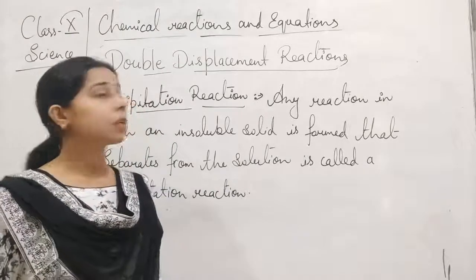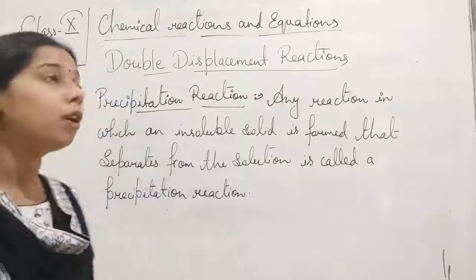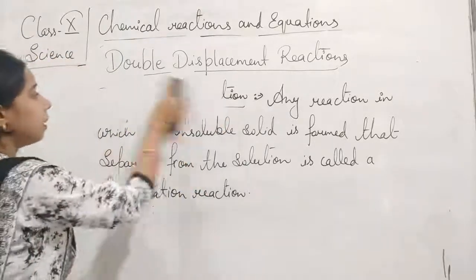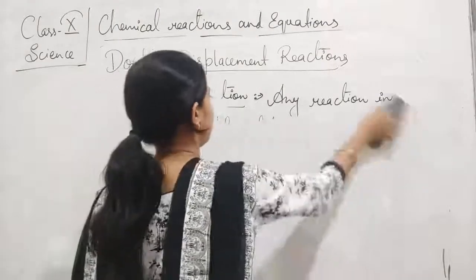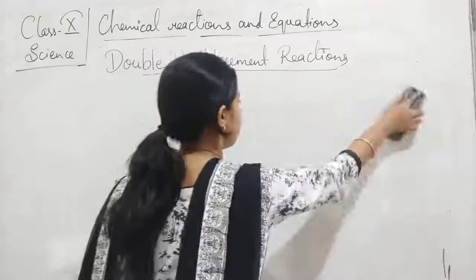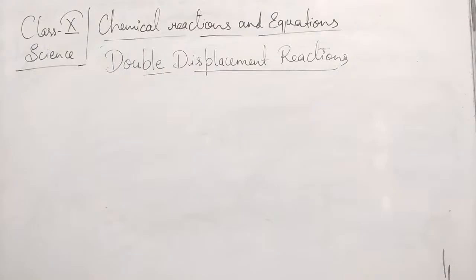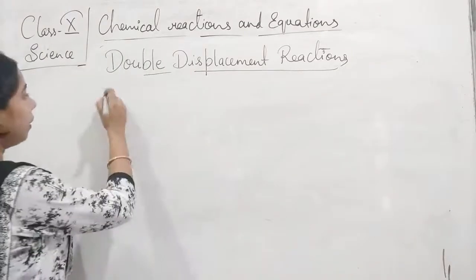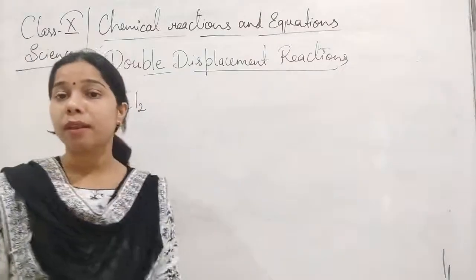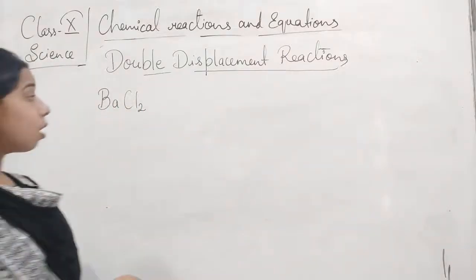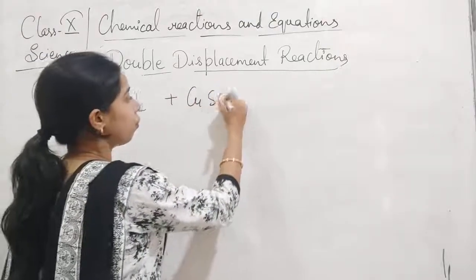Moving on, let us see some more examples of the double displacement reaction. So we have seen two reactions, students. Let us see some more. If we look at the reaction of barium chloride, BaCl2, when it reacts with the copper sulfate solution, CuSO4.